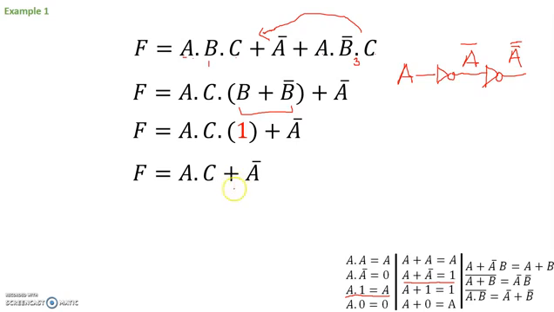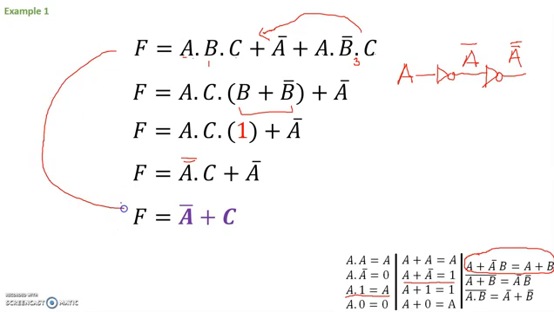So if you look at this expression right here, I have not A and A with a double bar over it. So this looks like not A or not of not A ANDed with C. That is very similar to this rule right here, absorption rule. So if you take a look carefully right here, we end up with not A or C. So that's the final simplified expression for the original expression we started out with.